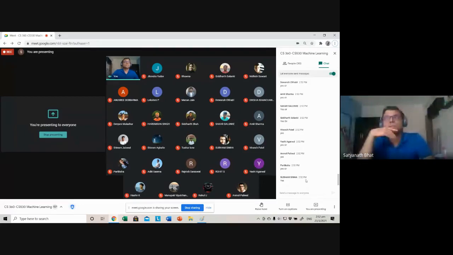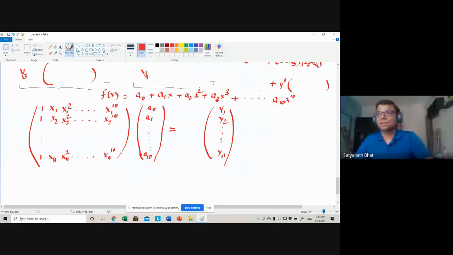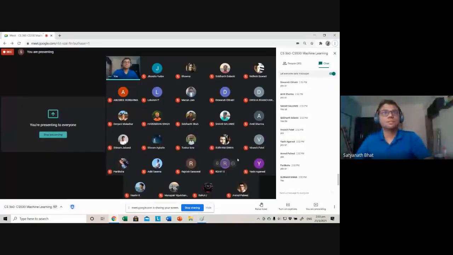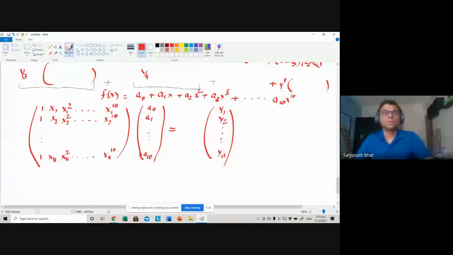Rohit has not said anything. Rohit, do you understand this method? Yes, sir. Okay. Now, what is the advantage of this method? Nitish says this is a tedious method, but is it really? Let's try to understand. The dimension of this is 11 cross 11, and this is 11 cross 1.